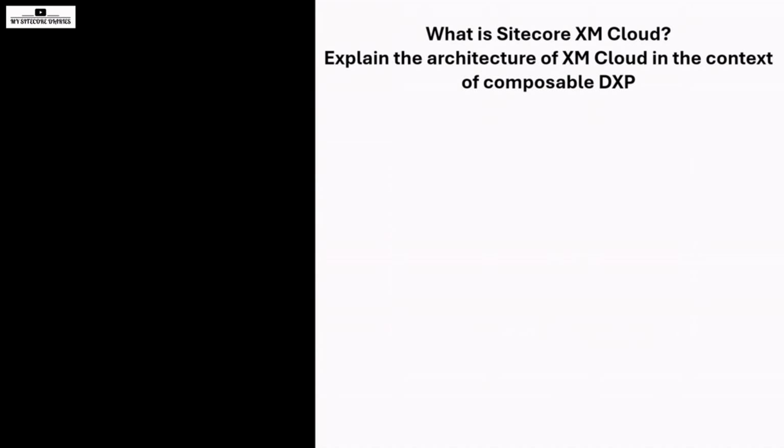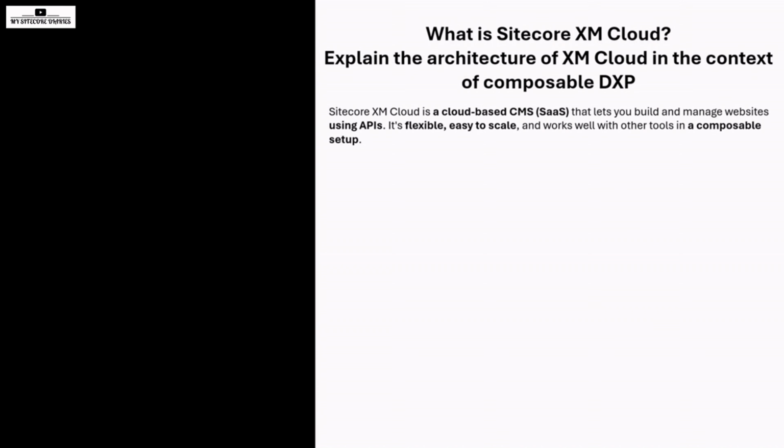The first question is, what is Sitecore XM Cloud? Explain the architecture of XM Cloud in the context of composable DXP. So first let's see what XM Cloud is. How can we define it? XM Cloud is a cloud-based CMS. It's a SaaS product that lets you build and manage websites using APIs.